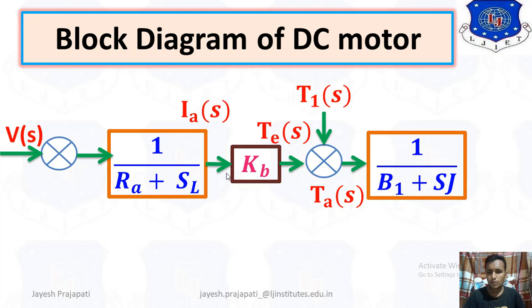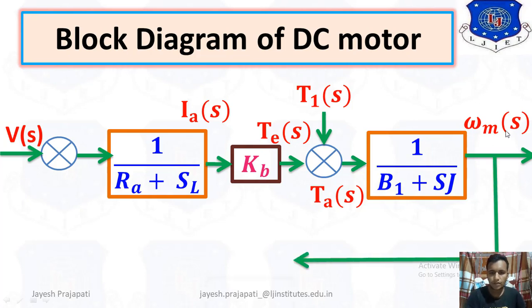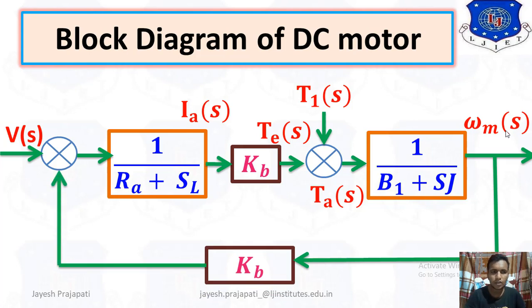Then it is given by 1 by (B plus S J), and omega m of S, that is the angular speed. Now the feedback of this omega m of S is given back with multiplication of KB to the input supply. So that is the actual block diagram of the DC motor.